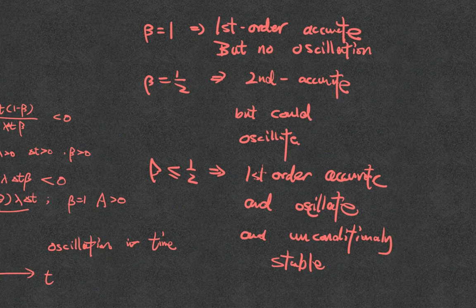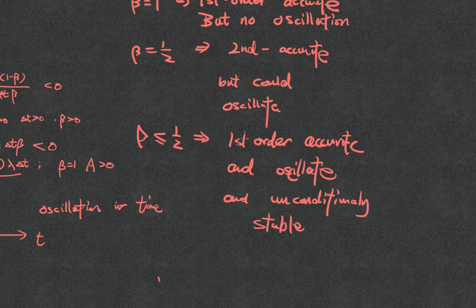So it would look like beta smaller than 1/2 is actually a bad choice, right? It has all the bad things and none of the good things. However, if beta equals 0, then you still have all the bad things, but what is the benefit of beta equal to 0? It's explicit.